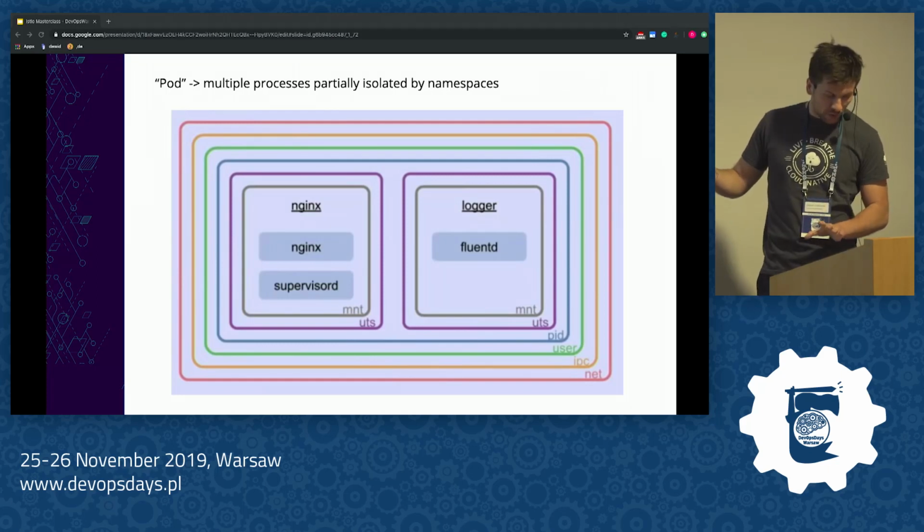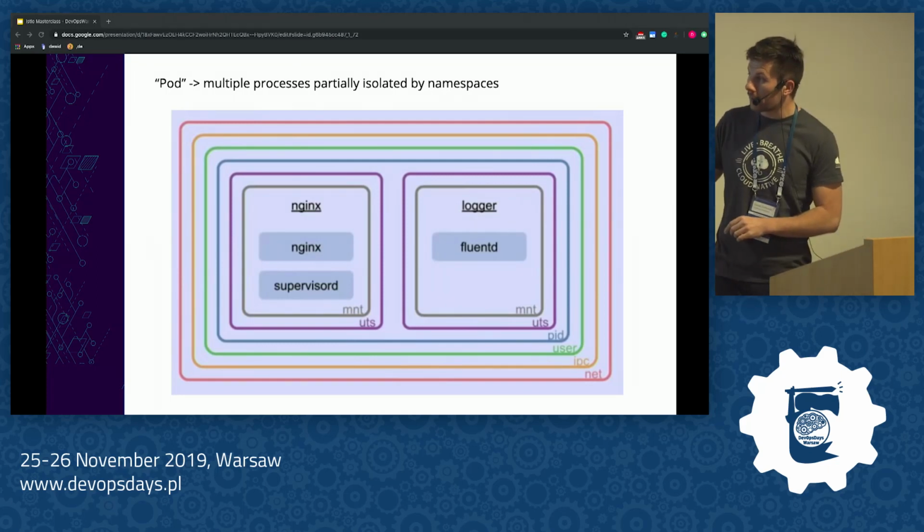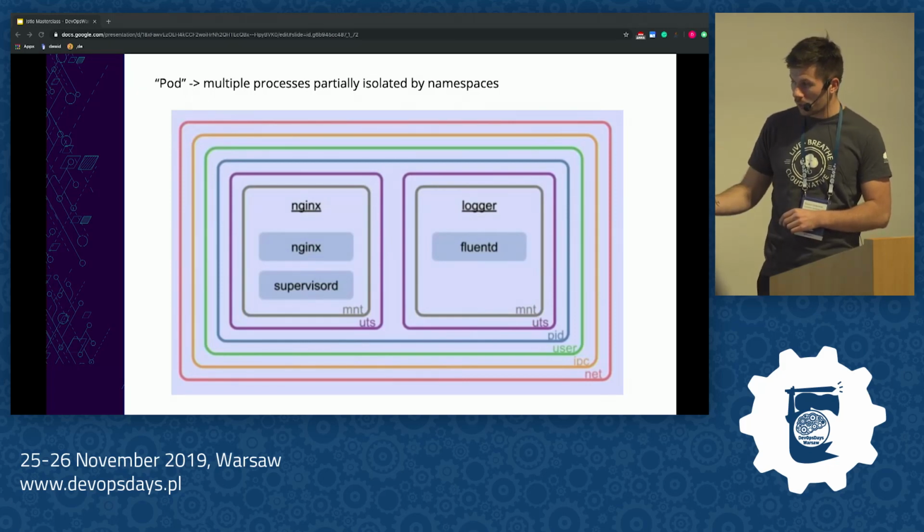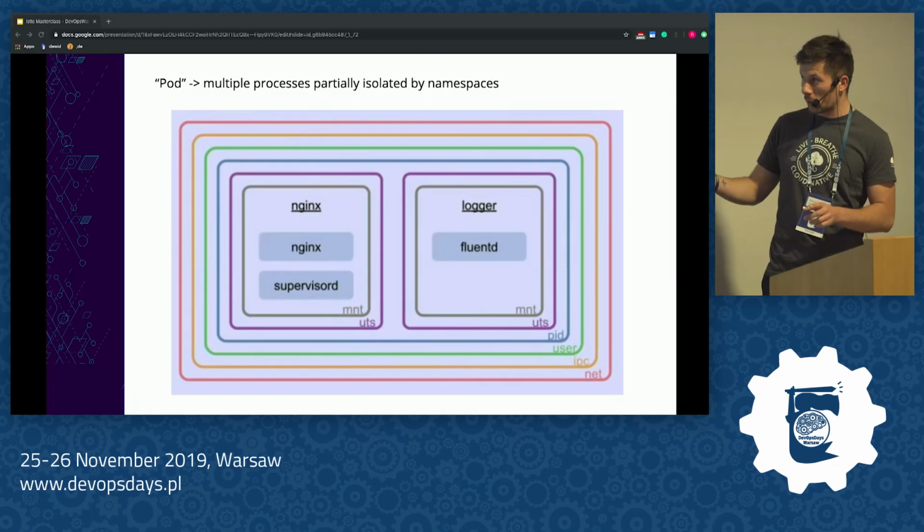So what it creates is that if we have Nginx here, and if you have a second Nginx here, and if that one binds to port 80, that one couldn't, because localhost for this container is localhost for this container, because they are in the same network namespace. That's how a Kubernetes pod works.